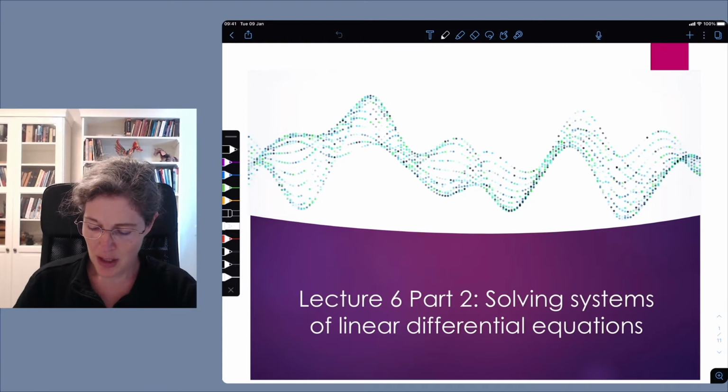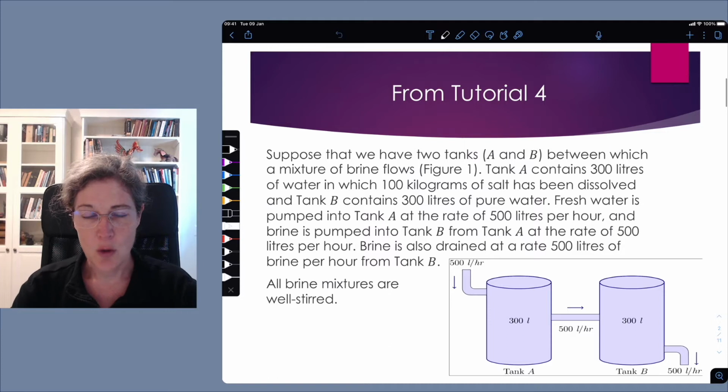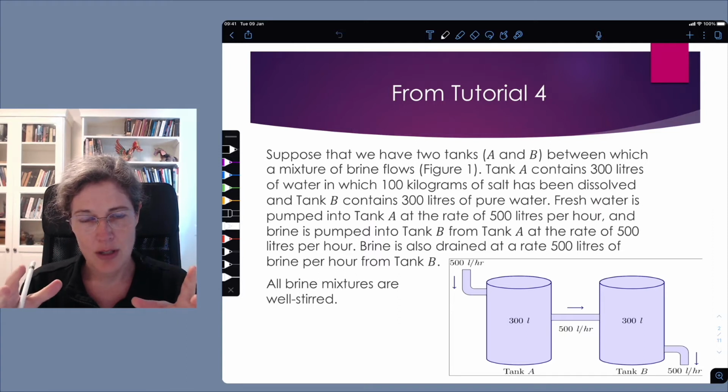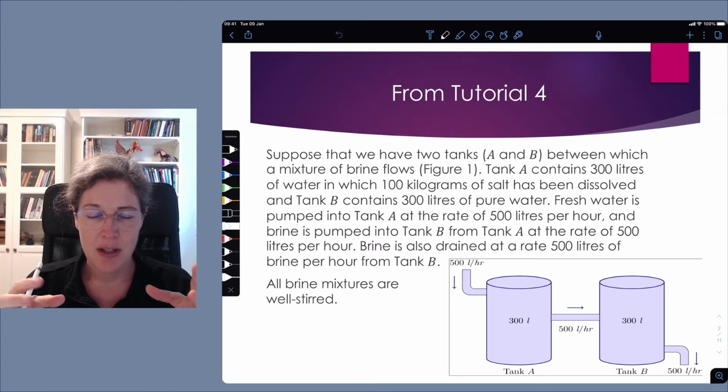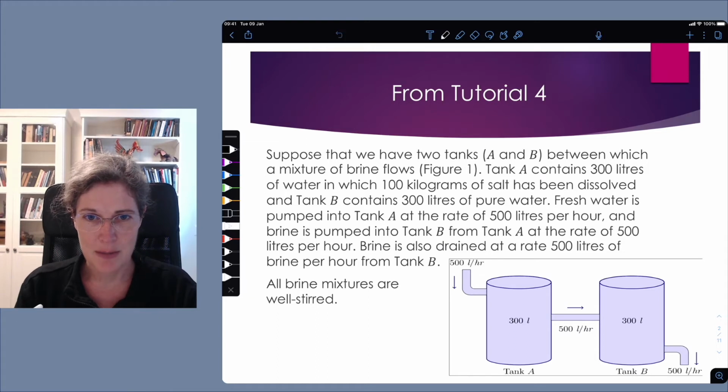Okay, so if you cast your mind back to tutorial 4, we were looking at a situation where we had two tanks. We had water flowing into tank A, and inside tank A it started off with some water and some salt. Then the salt and water mixture, which is called brine, was being transported into tank B, where it was also being mixed, and then out of tank B at a certain rate.